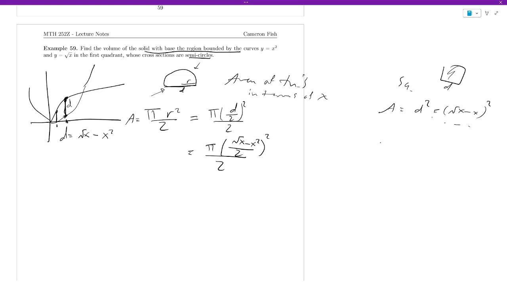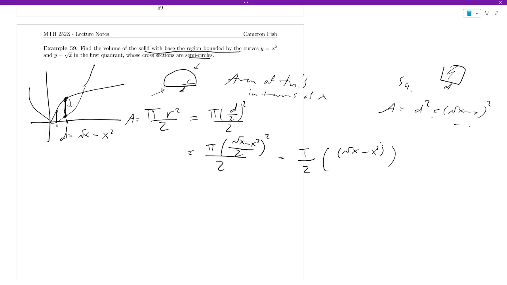This fraction thing looks kind of gross, but it's not too bad if we just do it piece by piece. Let's just keep the pi over 2, and in fact, you can slide this 2 out in front. That's totally a good way to do it. Then I'm just going to have this fraction here. When I square a fraction, that's the same as squaring the top and squaring the bottom.